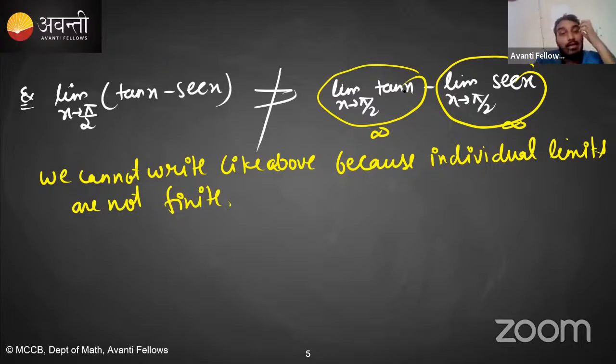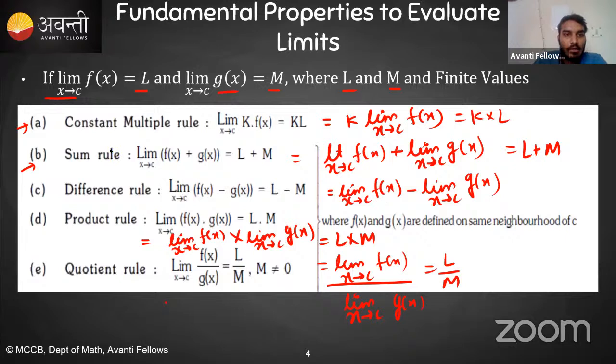Hi JNV Balari. Hi Karthik. So guys, so far I have discussed these 5 fundamental rules: constant rule, sum rule, difference rule, product rule, and quotient rule. If the limits of f of x and g of x as x tends to c are finite, L and M, then the limit of f of x plus g of x can be calculated separately.